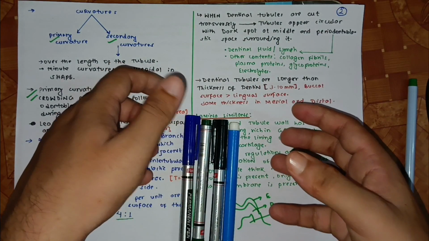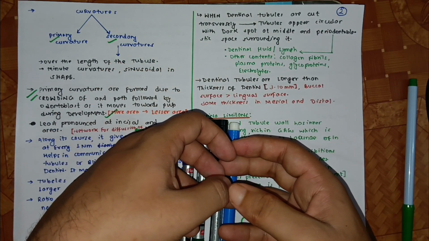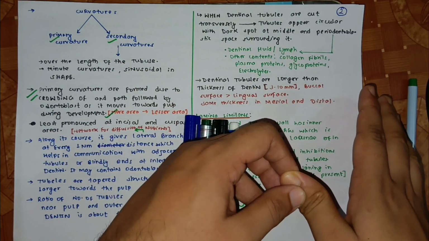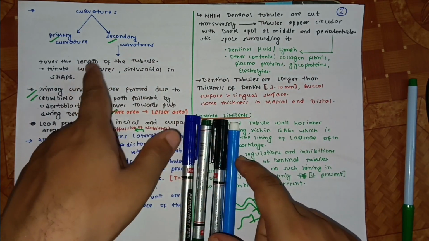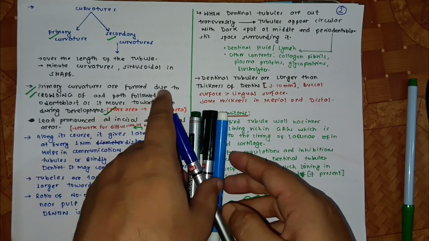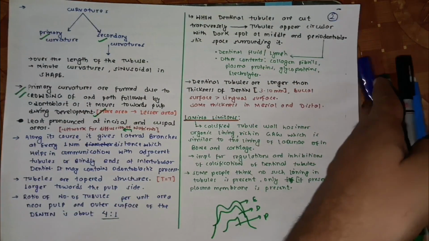So due to the crowding of the odontoblasts as they proceed towards the pulpal side, the curvature is shaped, and that results in the formation of the primary curvature. This is very important to understand.